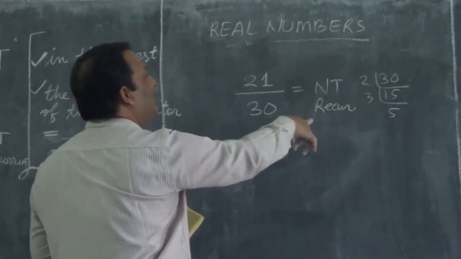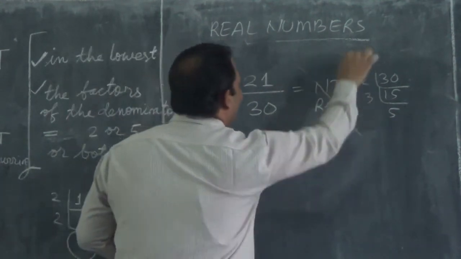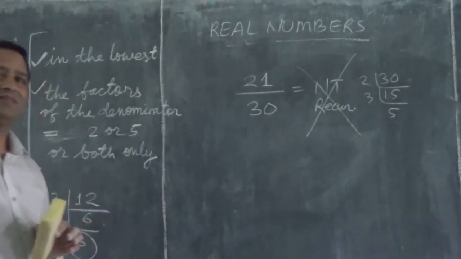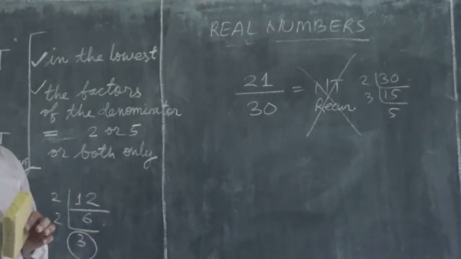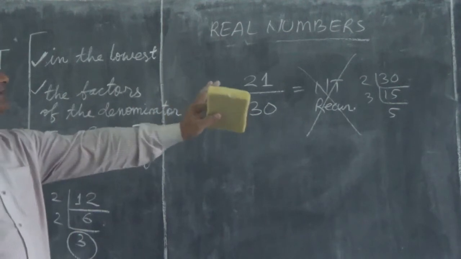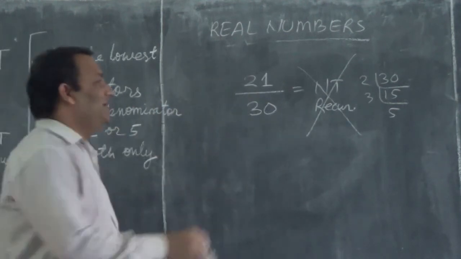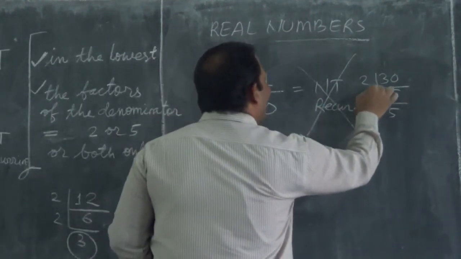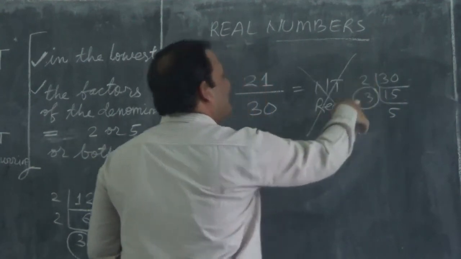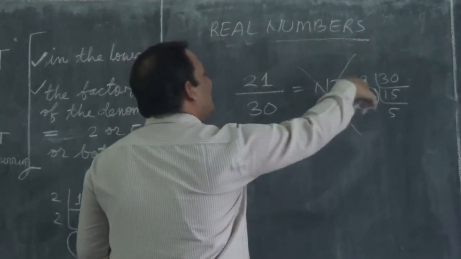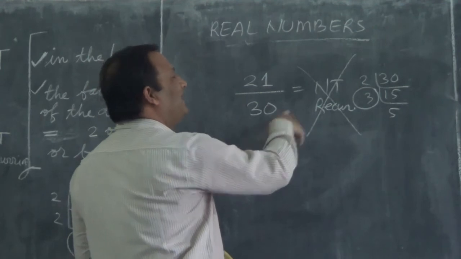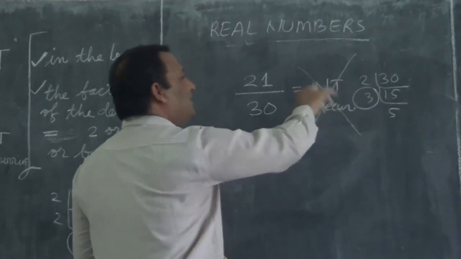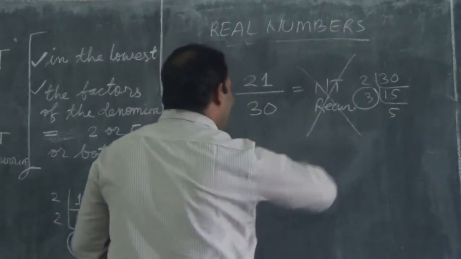But I will put a big cross. If you write that, I will give a big cross. It is giving non-terminating because of this 3, but I have given a cross.